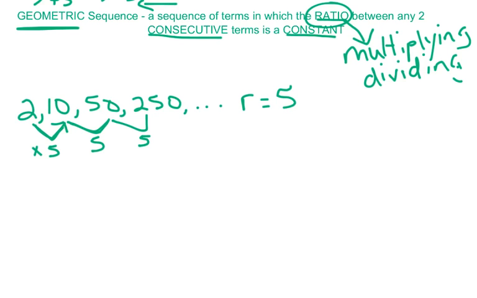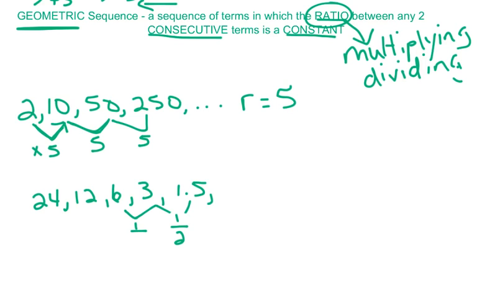Okay, let's look at another one. 24, 12, 6, 3, 1.5. 1.5 times what would give me 3? Well, I could multiply by 2. Yeah, 1.5 divided by 3 is not 2, it is 1/2. 3 divided by 6 is 1/2. 6 divided by 12 is 1/2.